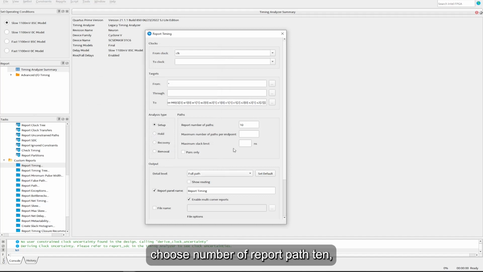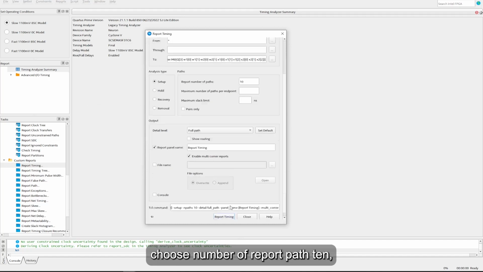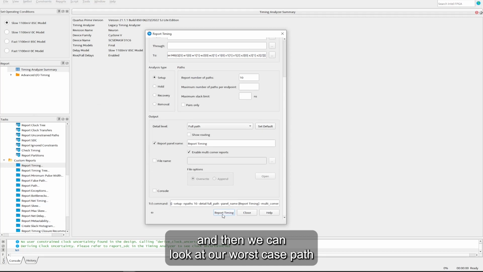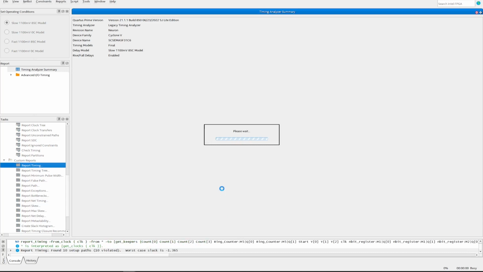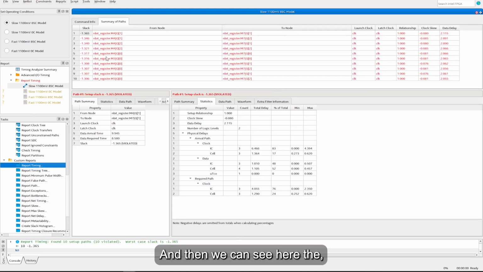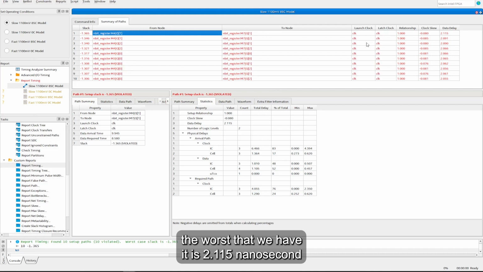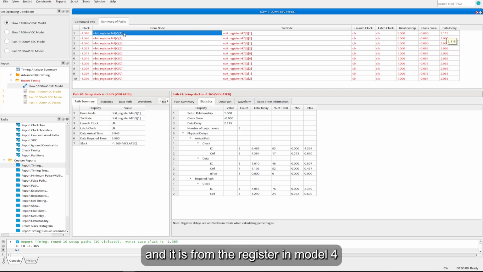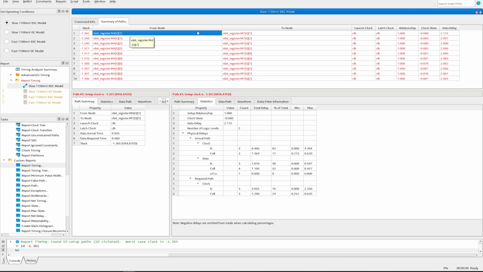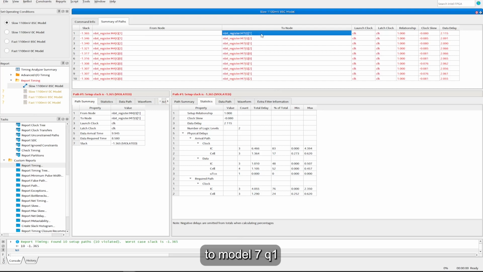and then we can just choose number of report paths 10, and then we can look at our worst case path, and then we can see here the worst that we have is 2.115 nanosecond, and it is from the register in model 4 to model 7 Q1.